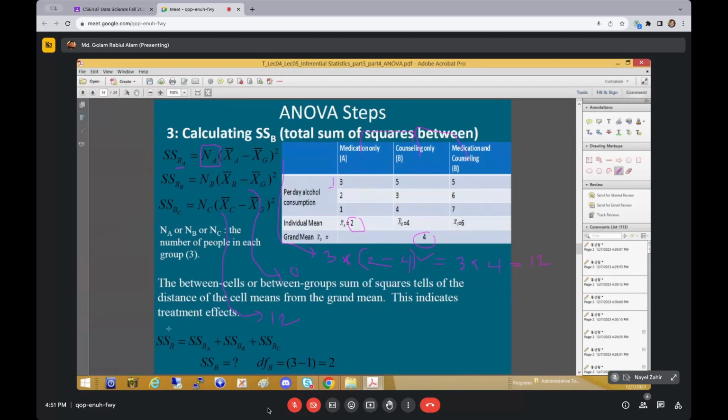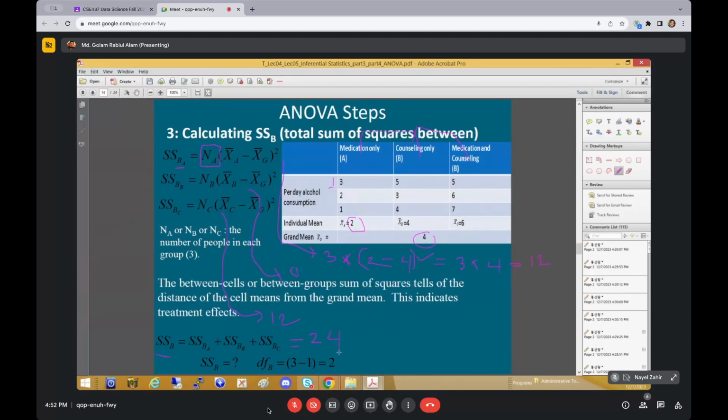Now we have to find out SS between, the sum of squares between. That means SSBA, SSBB, and SSBC. In this case, 12 and 12 is actually 24.